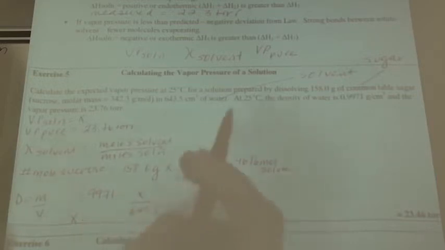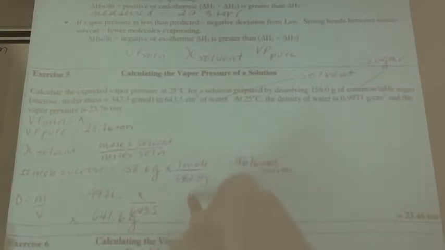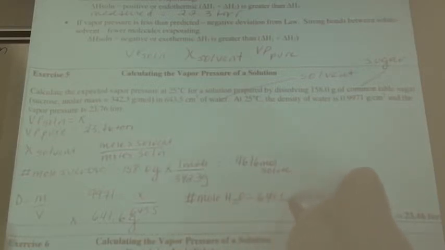I skipped a step. Could somebody tell me what that is? 641.6 grams of water. So the number of moles of water equals 641.6 grams, 18 grams in 1 mole, and I have 35.6 moles of water.